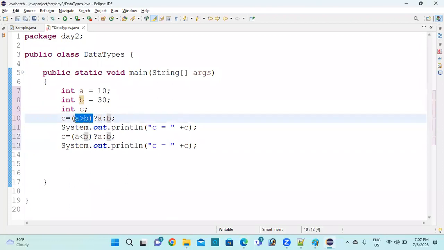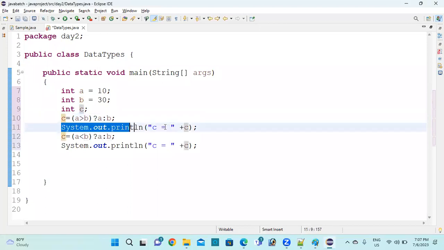When this condition is satisfied, this statement will be executed, or else this statement will be executed. Now 10 greater than 30, the condition is false. So the B value will be executed, and B will be stored in C.